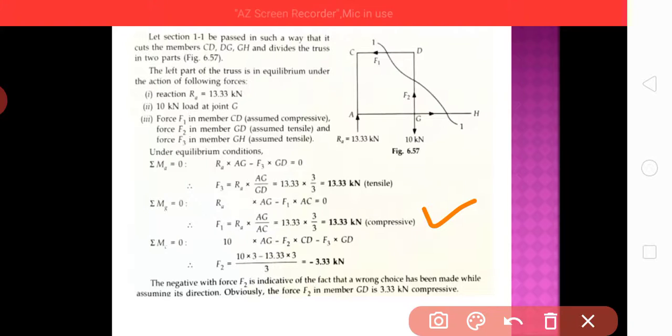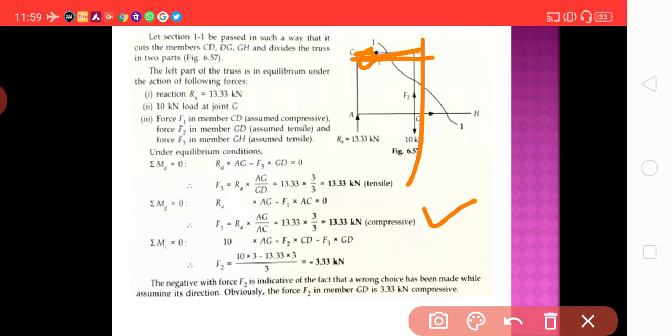Now taking moment about C, this point, MC equal to 0. 10 into AG, this 10 force into this distance, minus F2 into this distance CD.